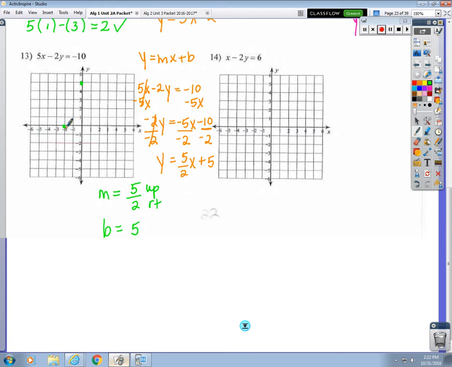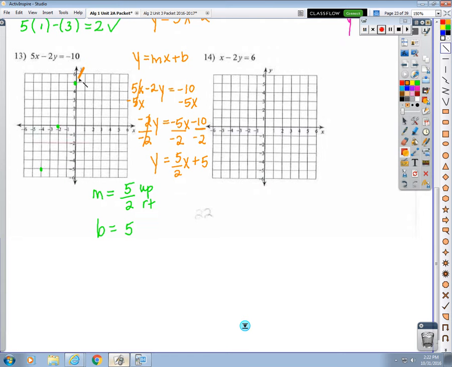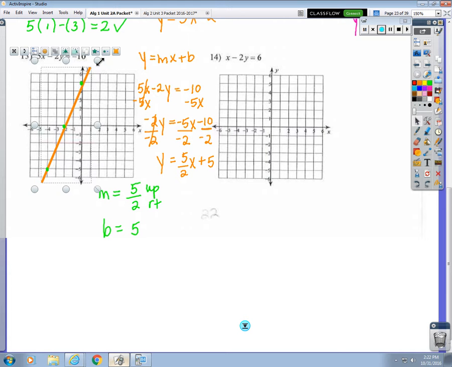And then can we do it one more time? Down 5, left 2. Okay, now you connect those points with a straight line, and what do we know about that line? Every point, not just the ones we plotted, but every single point on that line is a solution. If you plugged in the x and the y value of each point, it would make a -10.